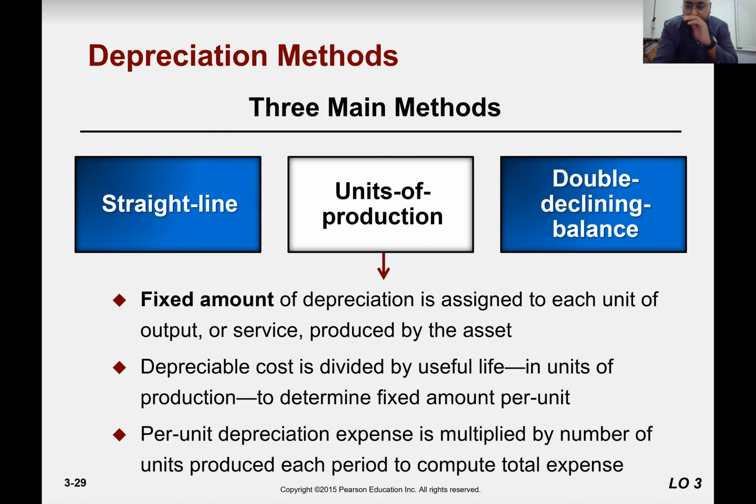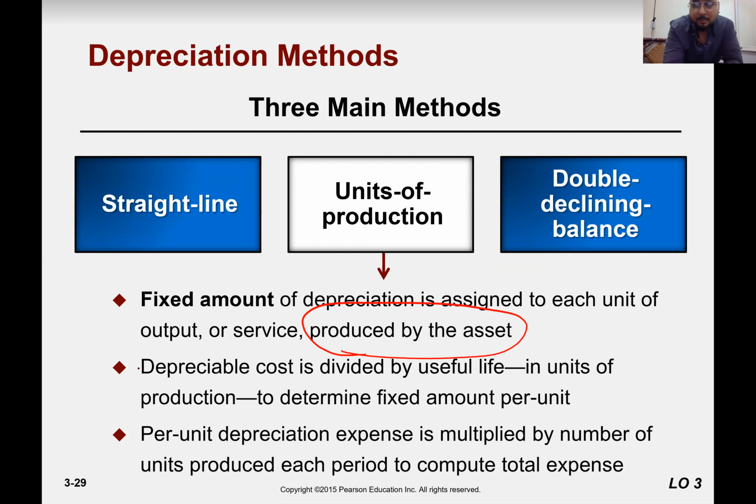So in this method a fixed amount of depreciation is assigned to each unit of output produced by the asset. So it means depreciation is not based on years, it is based on output, how much this can produce.